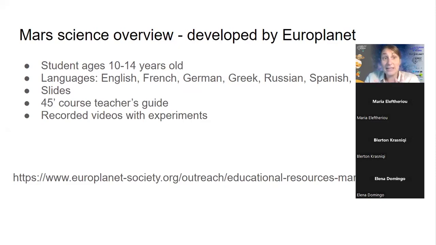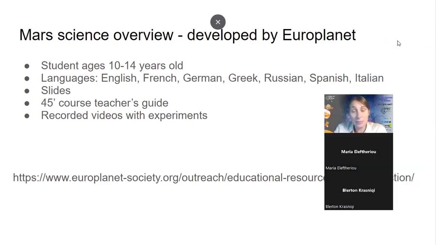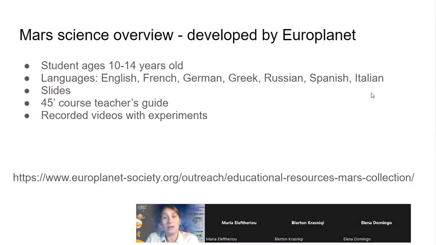The second part is the languages. We have these resources translated in 6 languages, plus a 7th. So we have English, which is accessible to most people, French, German, Greek, Russian, Spanish, and the whole package of resources has been translated into Italian by the Italian Astronomical Institute.